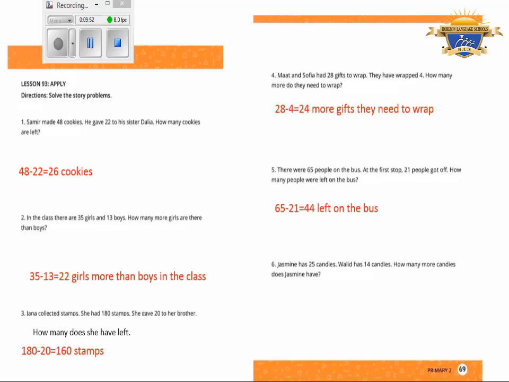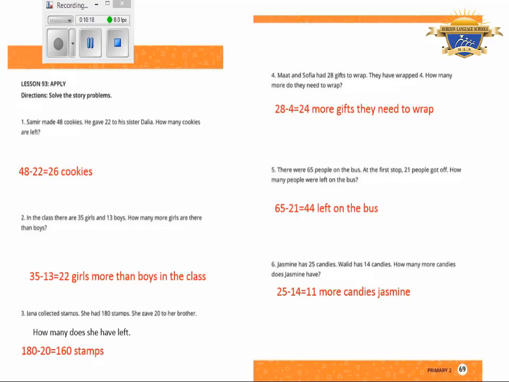I compare here between the candies with Jasmine and the candies with Walid. So Jasmine has 25 and Walid has 14. So 25 minus 14 equals 11 more candies with Jasmine. So Jasmine has 11 more candies than Walid.